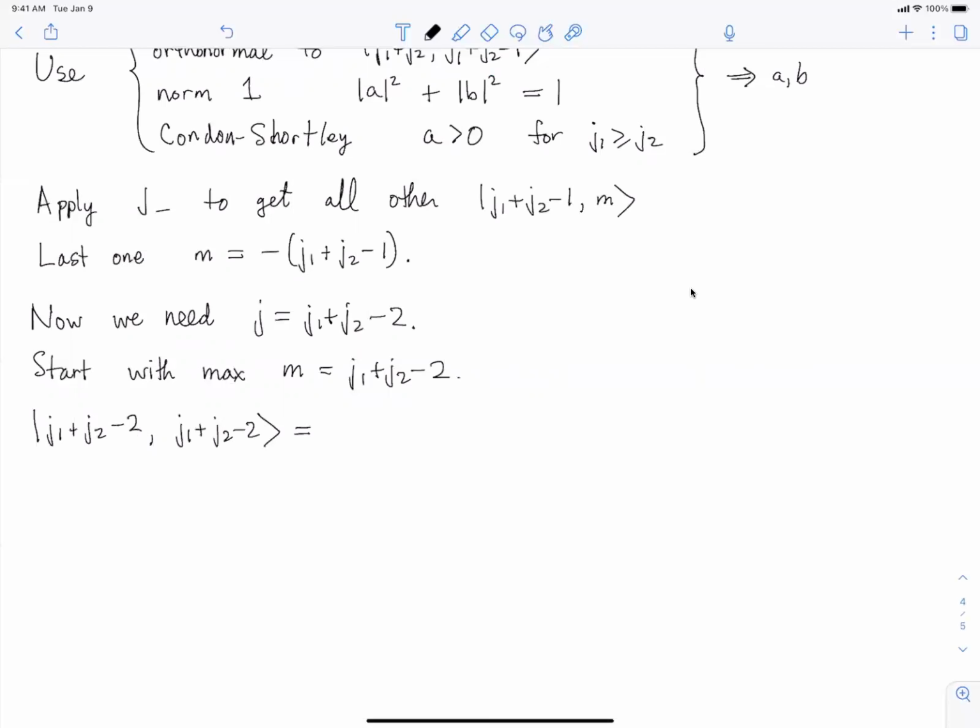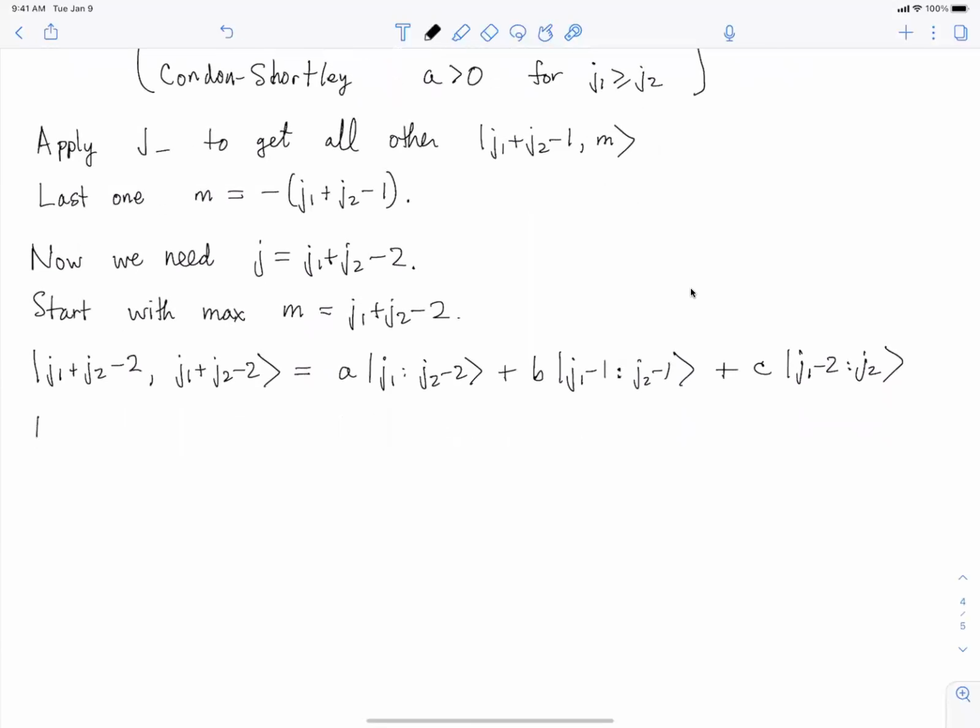Okay, now there are 3 states in the product basis that could give this same value of M. So here they are. I'm going to reuse the coefficient A, J1, J2 minus 2. And the other things are J1 minus 1, J2 minus 1, and J1 minus 2, J2. So unfortunately, we now have 3 unknown coefficients, A, B, and C, that we have to solve for.